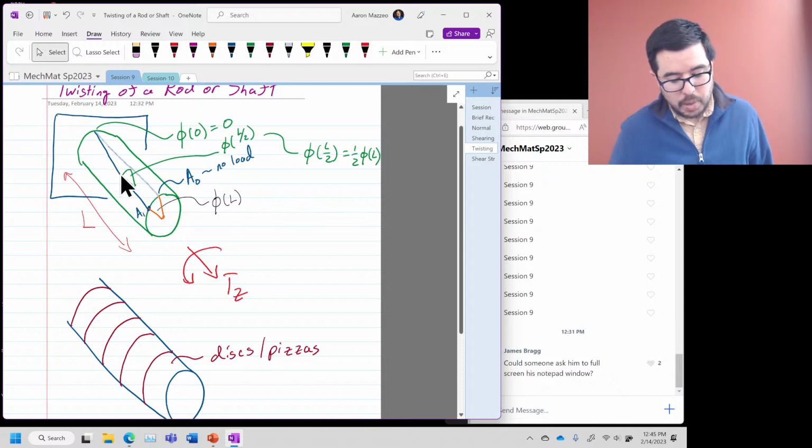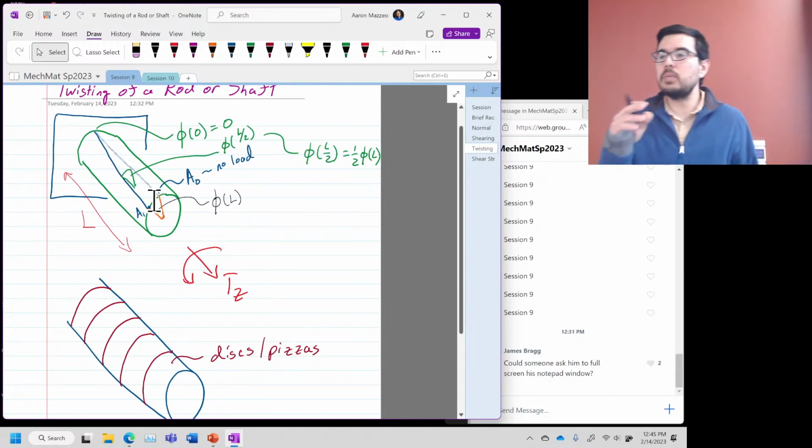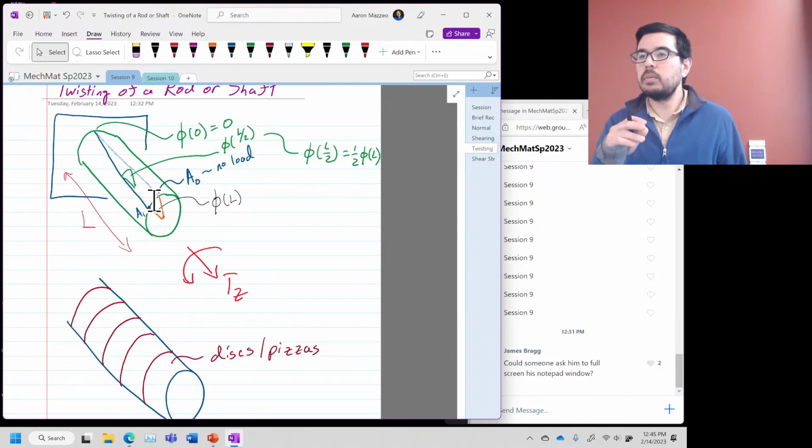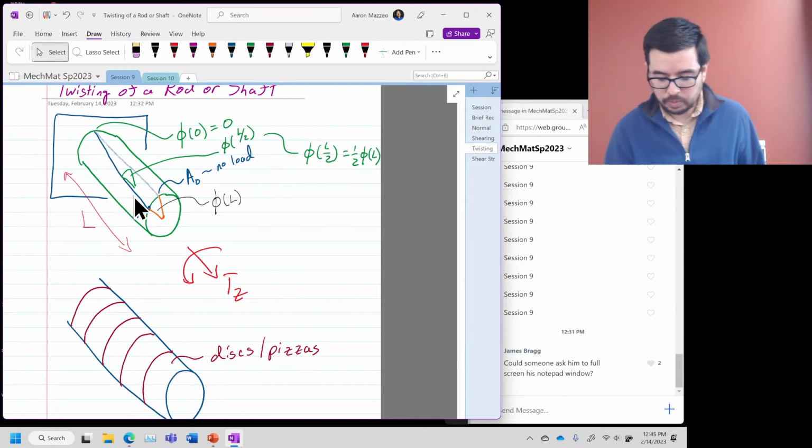So if the bottom is back this direction, over here, and the top is closer to me, facing me, you see that the top is going to twist more than the bottom. Okay, right? Because if I look at phi at x plus dx versus at x, at x plus dx, there's going to be more phi. There's going to be more twist.